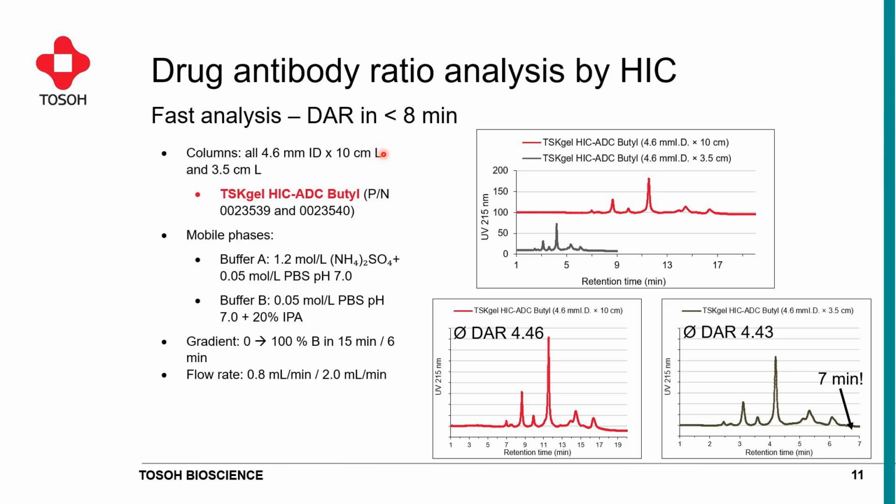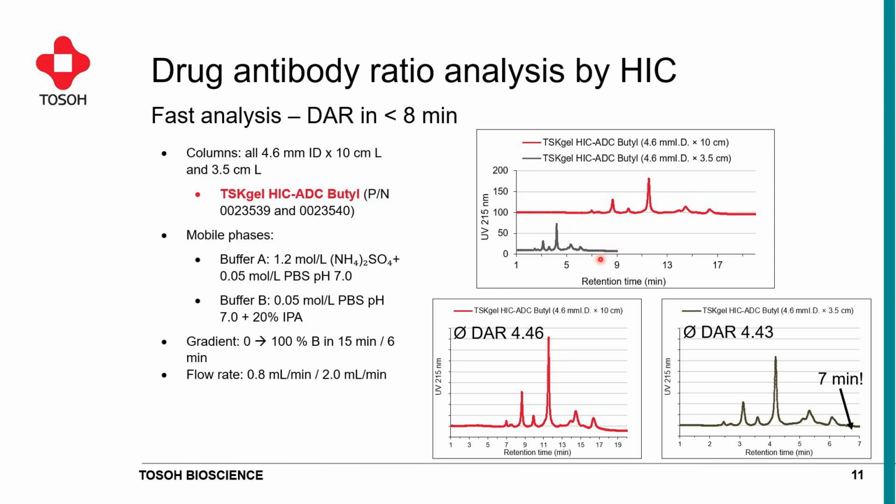If we compare a 10 centimeter column versus a 3.5 centimeter column, and again the 3.5 run at a flow rate of 2 milliliters per minute, we can see that on the one hand we reduce the analysis time from roughly 19 minutes down to 9 minutes.